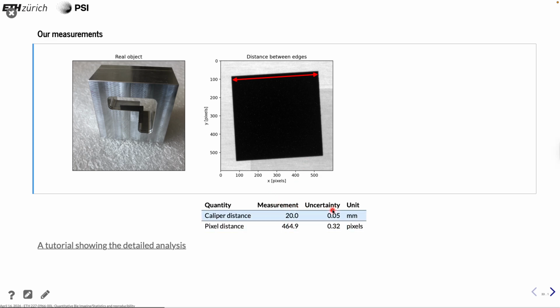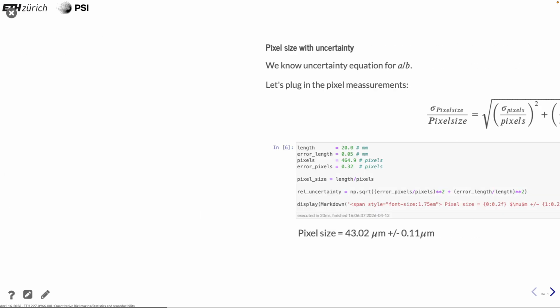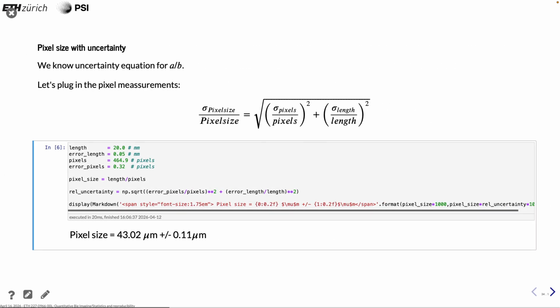The caliper had an uncertainty of 0.05 millimeters, and the pixel distance I could measure with 0.32 pixels uncertainty. So it's pretty precise. Then we plug that in, which is in principle just writing this equation, and the pixel size turns out to be 43 microns plus minus 0.11 microns.